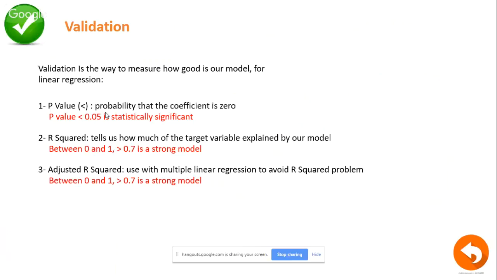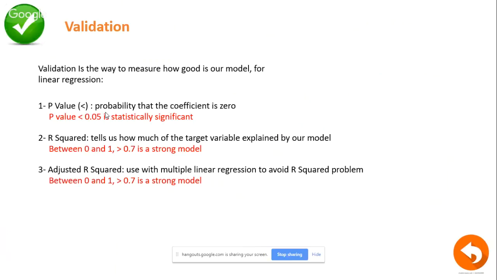The second value we need to check is R squared. R squared is the percent of variance that is explained by the model, or R squared tells us how much of the target variable is explained by our model. The higher, the better. And in general, R squared more than 0.7 is considered to be a strong model.